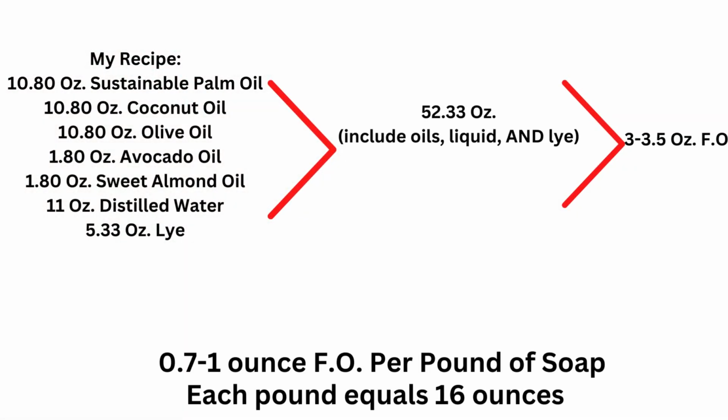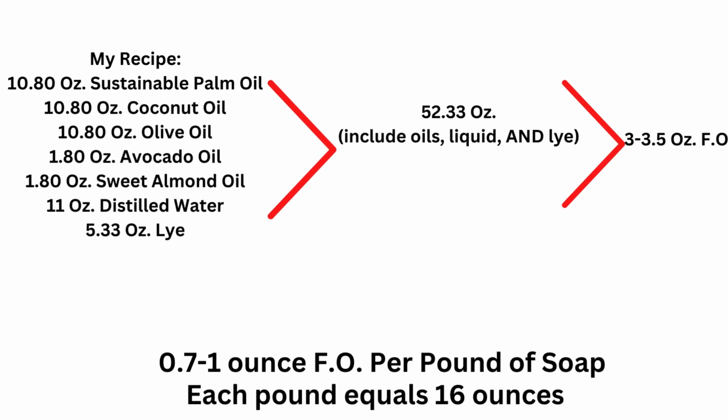Fragrance oils should be used at a rate of 0.7 ounce to 1 ounce of fragrance oil per pound of soap. I love strong scents in my soap, so I always use 1 ounce of fragrance oil per pound of soap. How you would calculate this is by calculating the total weight of your soap, including oils, liquid, and lye.